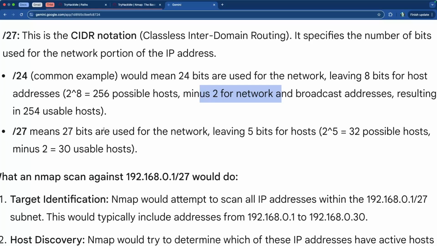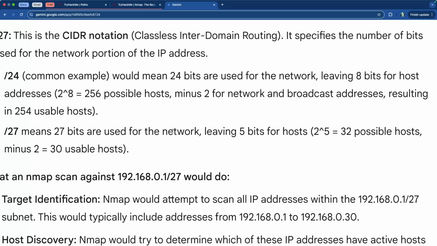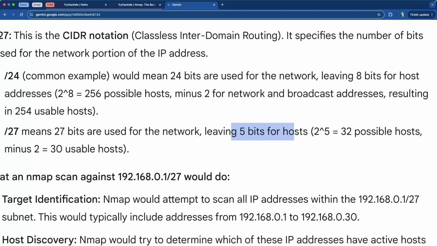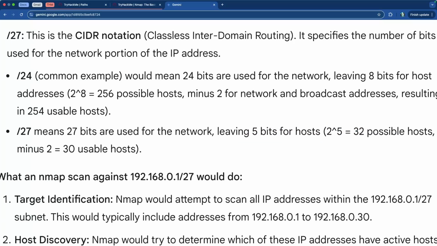/27 means 27 bits are used for the network, leaving 5 bits for the host, meaning 2 to the power of 5, 32 possible hosts, minus 2 for the 0 and the 255, or the 1 and 255, I guess, which means we would actually have 30 usable hosts.